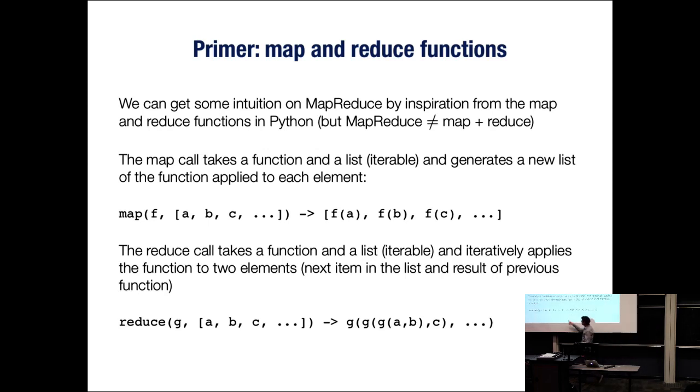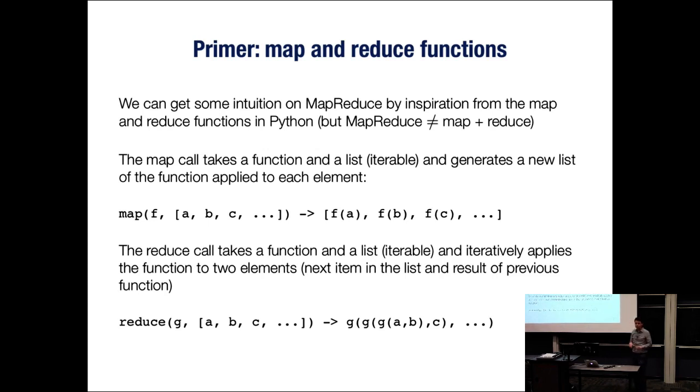It takes a list, and this function g takes two arguments and outputs a single value. What it does is take the first two elements, or you can actually have a 0th element if you want as well. It applies the function to the first two elements, then applies the function to the result of that and the next element, then to the result of that and the next element, etc., until you get one value, one output, out of the whole thing.